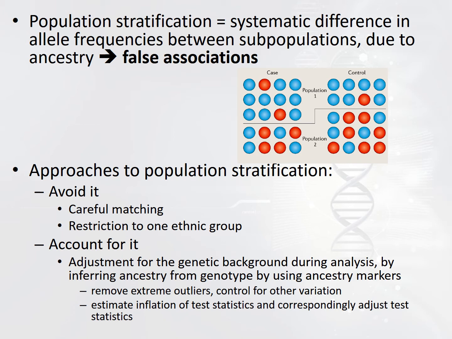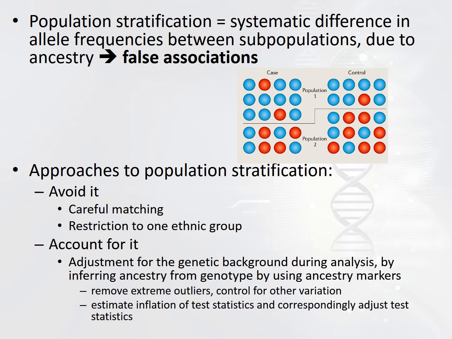The other way is, if you have already set up your cases and controls, you can account for this population stratification, because ancestry usually can be inferred from the genotype data based on certain common markers that are specific to certain subpopulations. After that, you can adjust for those factors in the statistical analysis.